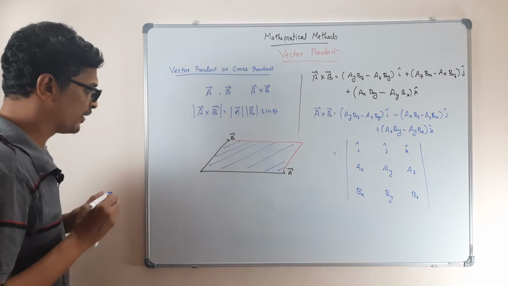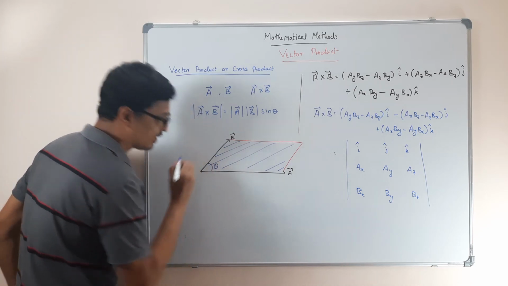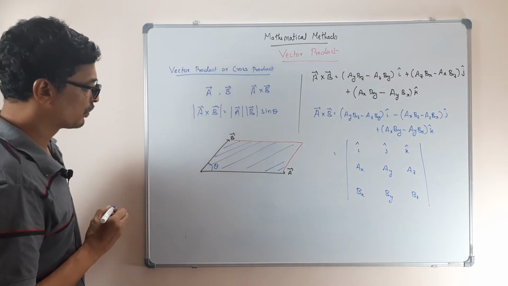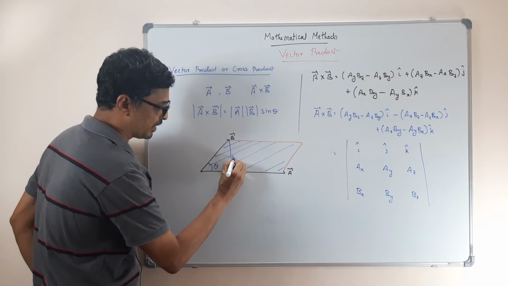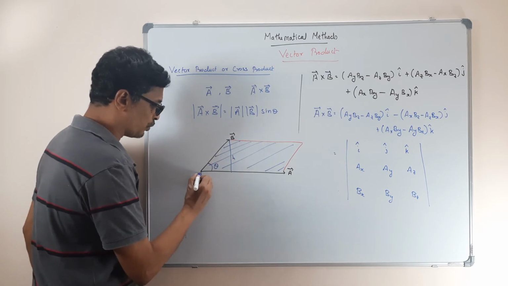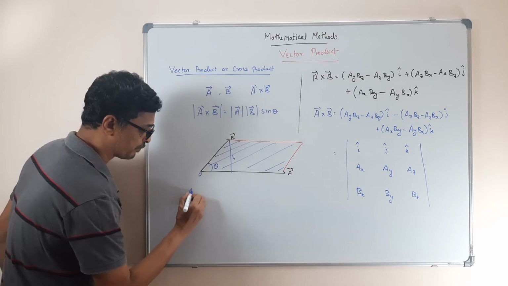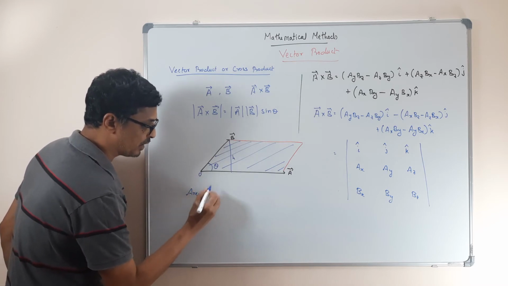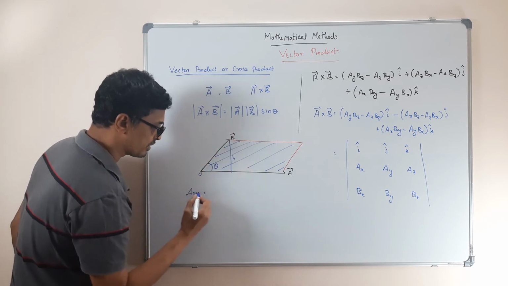Given a vector like this, if this angle is theta, and this is the height of the parallelogram, let me call it h. The area of this parallelogram is base into height. So what is the base?